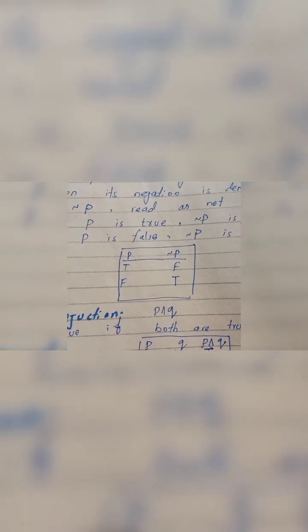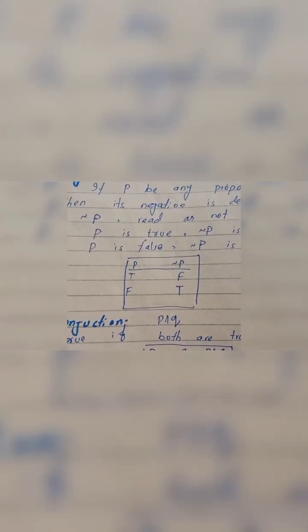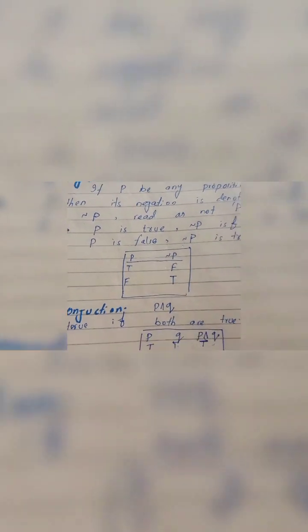Its definition is that if both are true, then the conjunction is true. So the first condition satisfies it: both are true, so the conjunction is true. For the other conditions, true and false is false, false and true is also false, and false and false is also false. So the first one is the only true condition in conjunction.